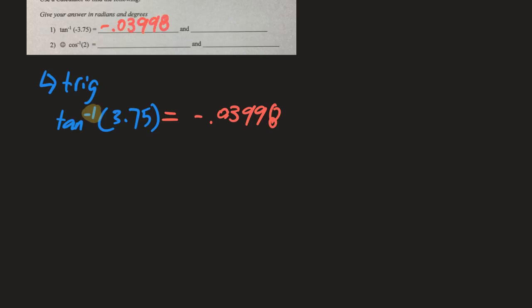And then if I wanted to convert this into degrees, you can think of this as a conversion problem. So this is radians. We can multiply this by 180 over pi, and that's going to give us an answer in degrees. And you should get negative 2.29 degrees.